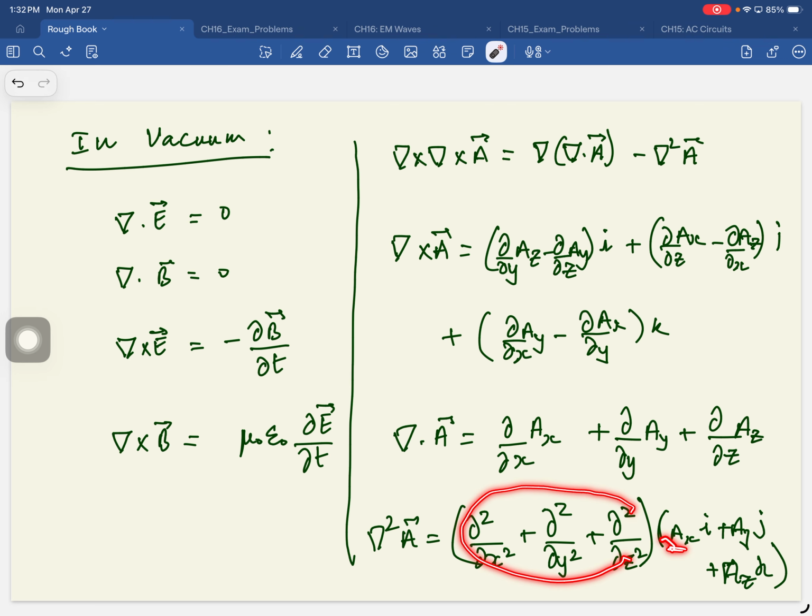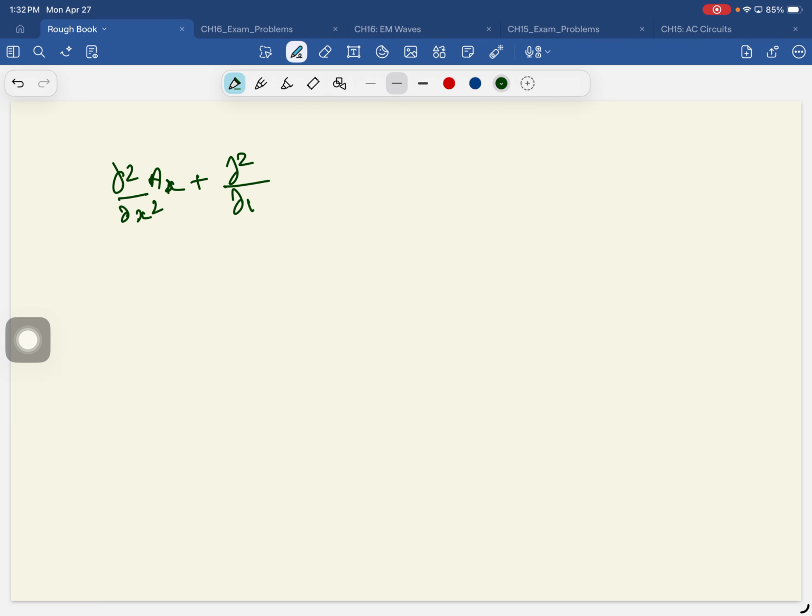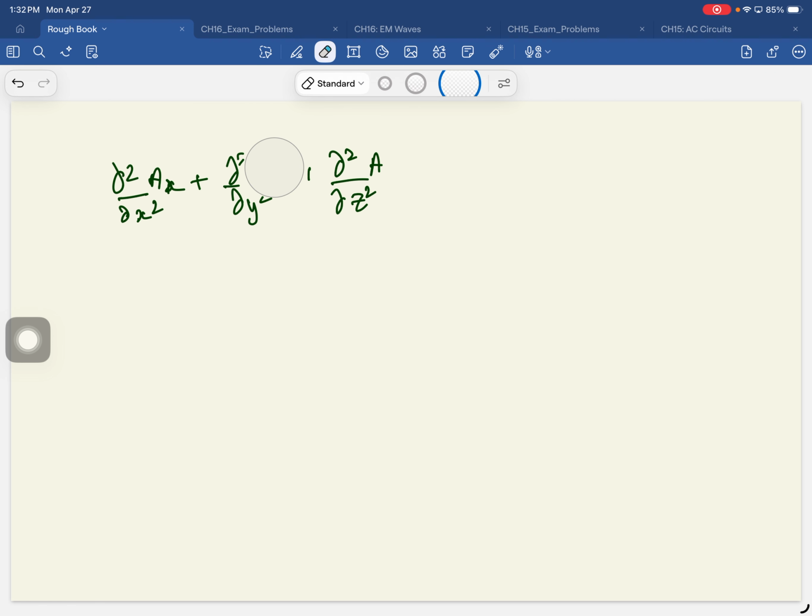All right, now here's the basic rule. If you're taking partial derivatives of a function of x and y, del x del y, these derivatives are interchangeable. You can take the derivative with respect to x first, and then with respect to y. You all know that rule. Similarly, you can interchange these.